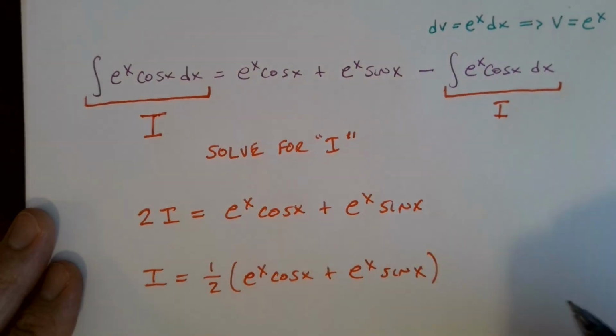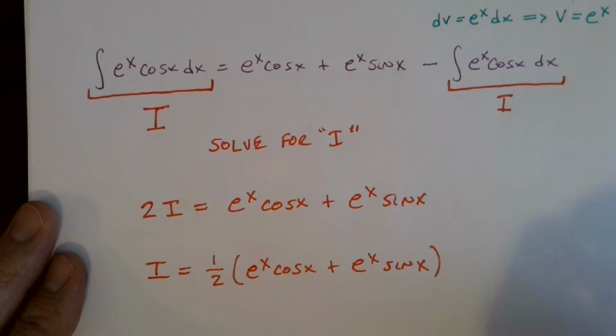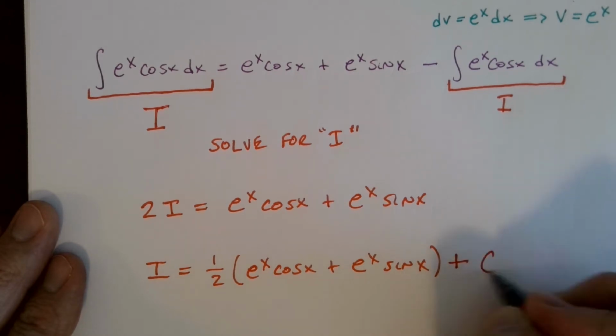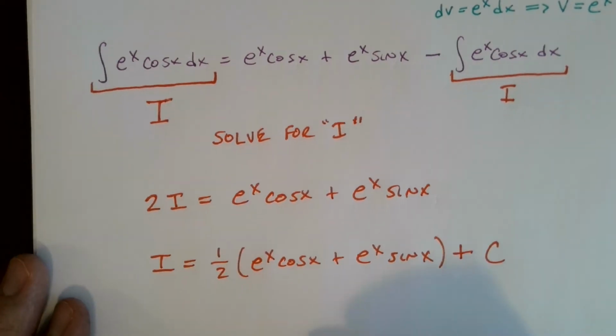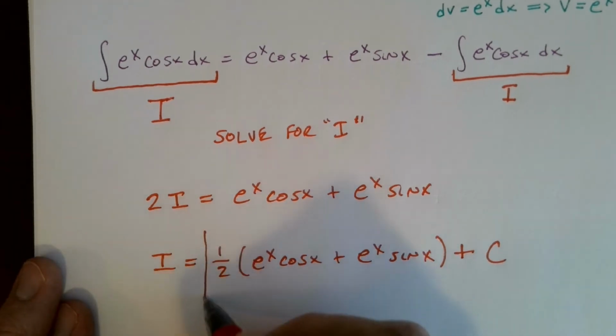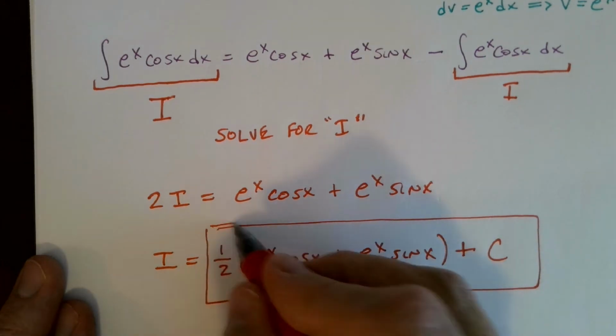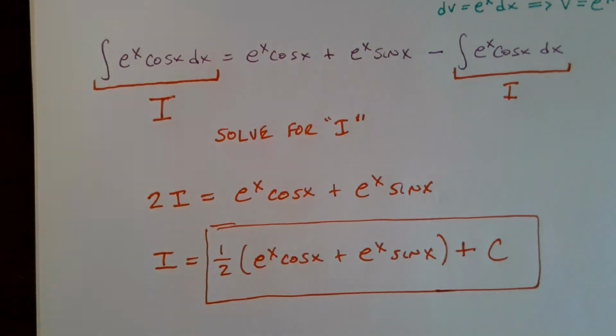And there's my answer. Of course, I want to do what at the very end? When I'm all done, I need to include what? Do you remember? Plus C, right? When we're all done. But there it is, right? So this is the antiderivative of e to the x times cosine of x.